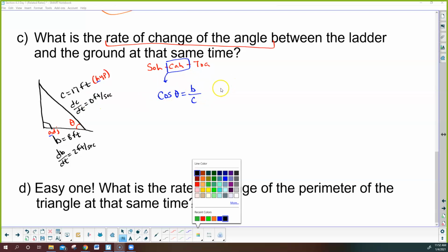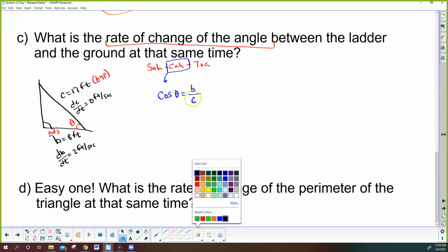So if this is the equation, I now want to do implicit differentiation, but there's a little bit of a trick. If I take the derivative of both sides, it's pretty friendly over here, but it's not super friendly right here because that involves a quotient rule. Now you can totally do this. If you want, you can take the derivative of the left side and the right side.